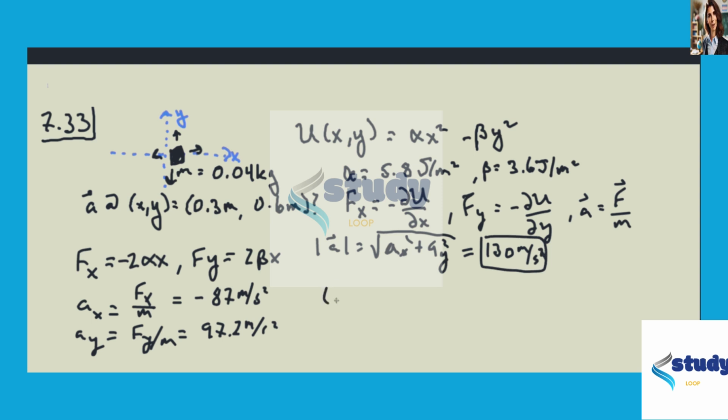And then its direction, which we can call theta, is going to be the arctangent of the y component divided by the x component.